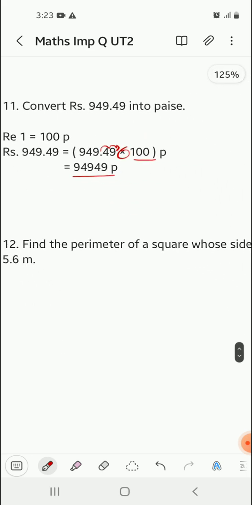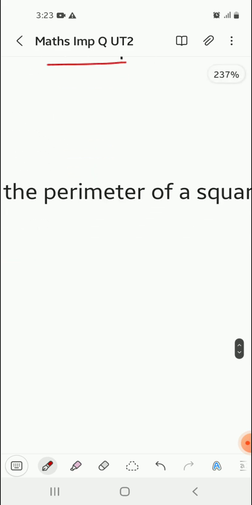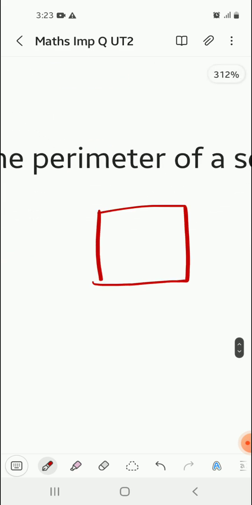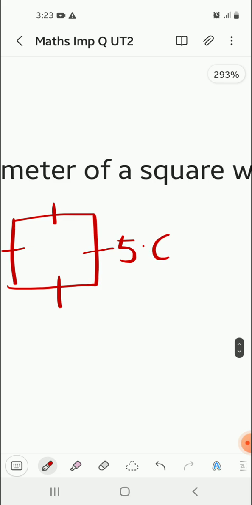Moving on to the next question. Find the perimeter of a square whose side is 5.6 meter. Once again, it's a square. Square means all the four sides are the same, and each of the sides is 5.6 meters.